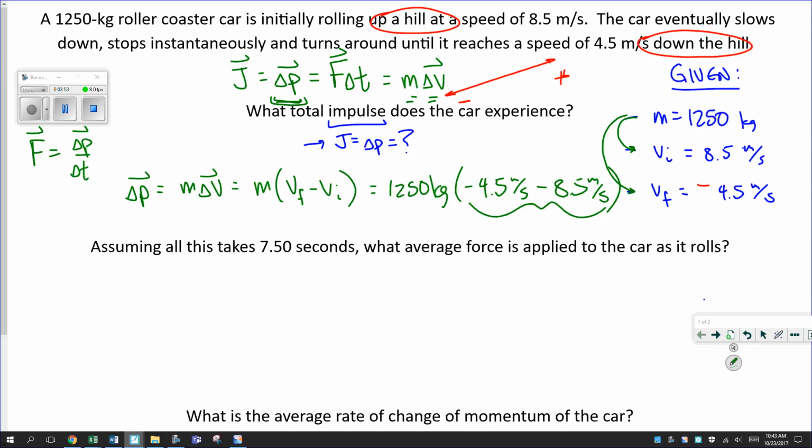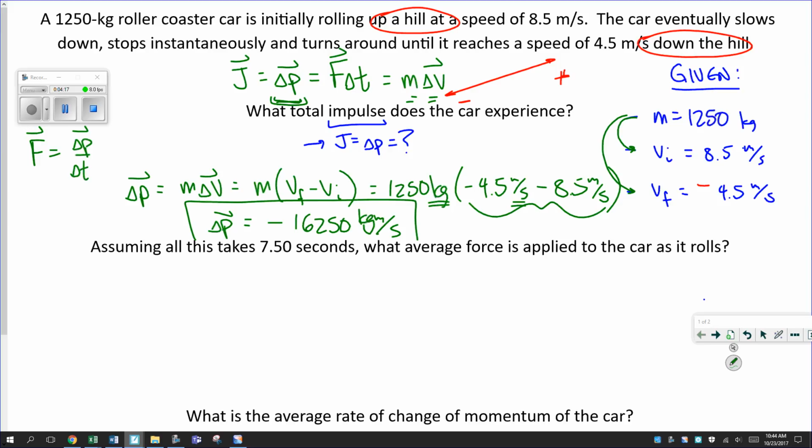So this leads us to the fact that delta P is negative 16,250 kilogram meters per second. There's our answer. Meaning what?